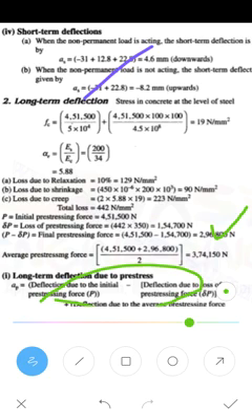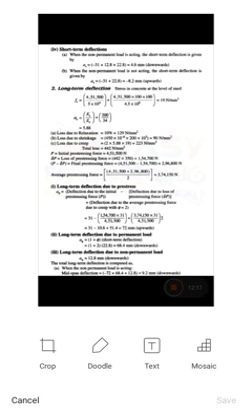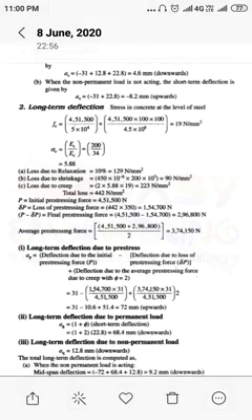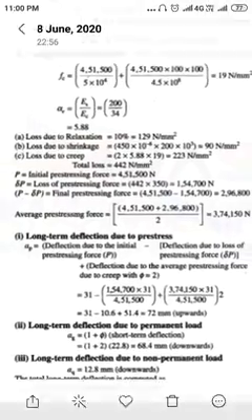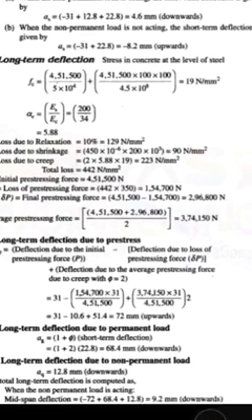Okay, for the long-term deflection, the third one is the deflection due to the average pre-stressing force due to creep with the phi value. That is creep is 2, so you have to multiply with 2.